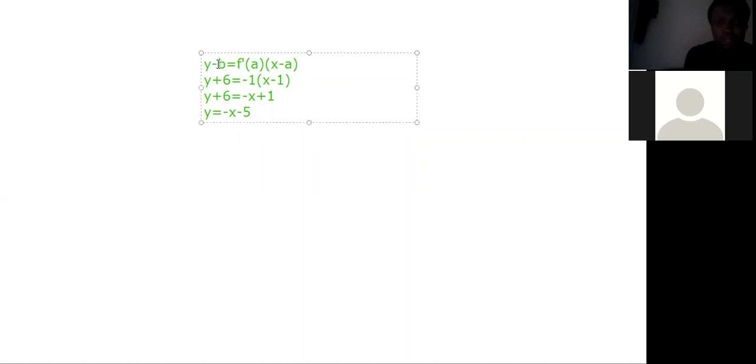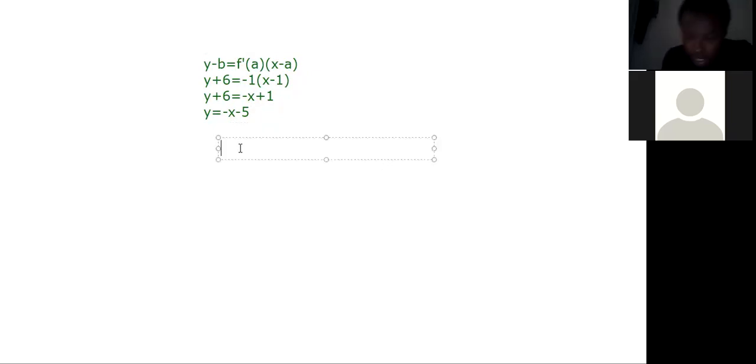We've been given y is equal to x cubed minus 2x squared plus 3x minus 3, at a point.